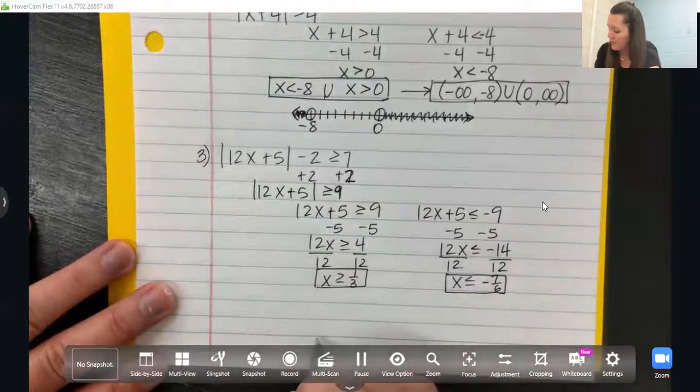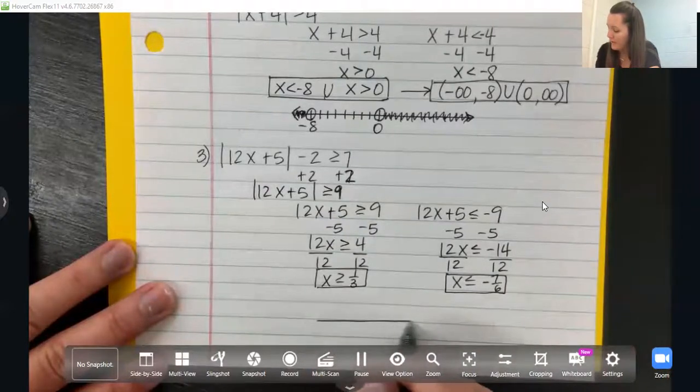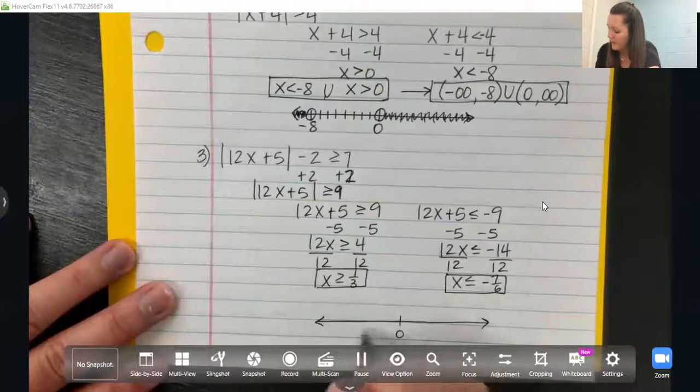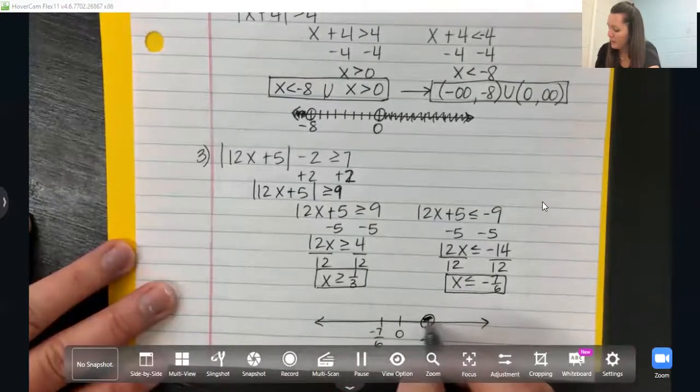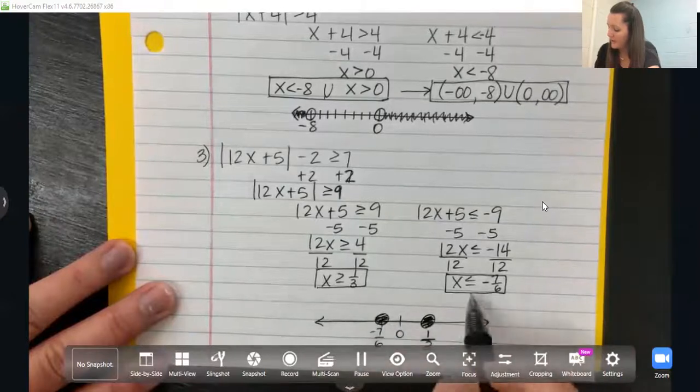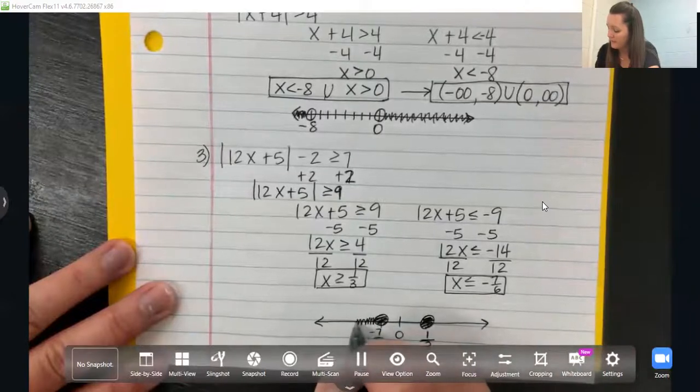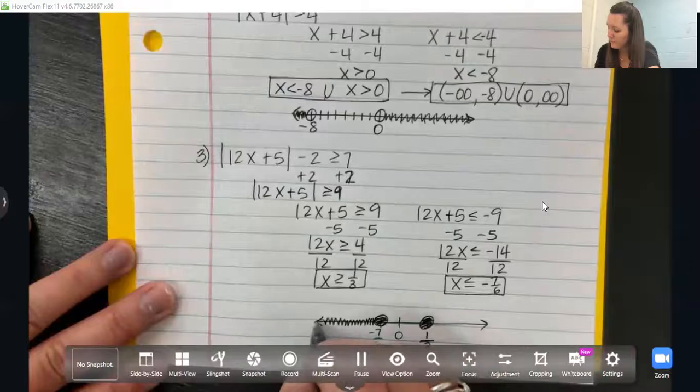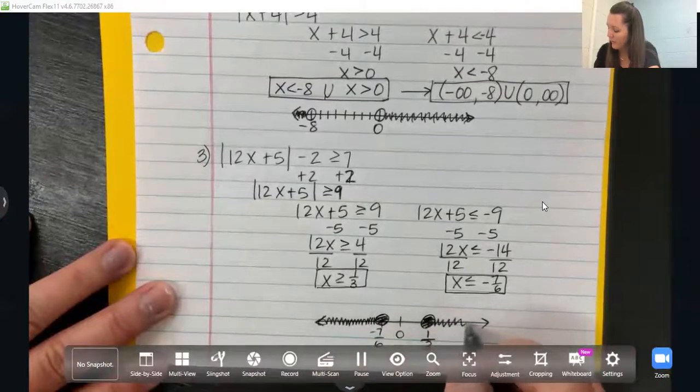Okay, so let's graph it to see how we would write these solutions here. I have 0, I have a negative 7/6 and a positive 1/3. So if x is greater than or equal to, I'm going to shade in, x is less than this and greater than our 1/3.